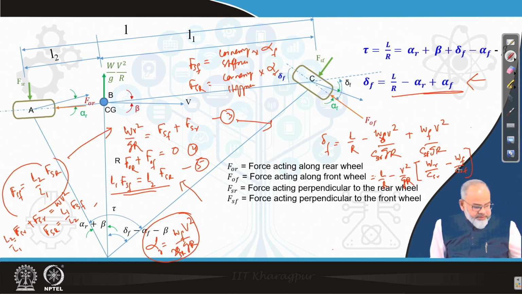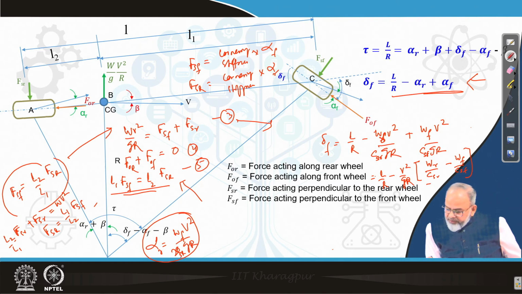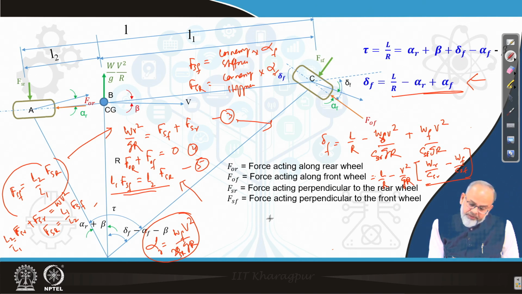Since this W_R by C_SR minus W_F by C_SF is nothing but what is called the understeer coefficient.